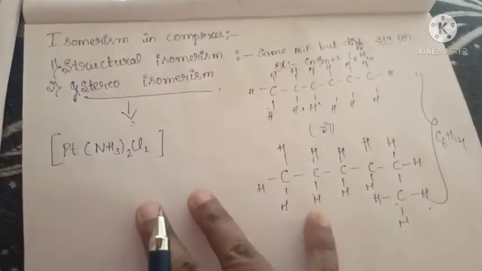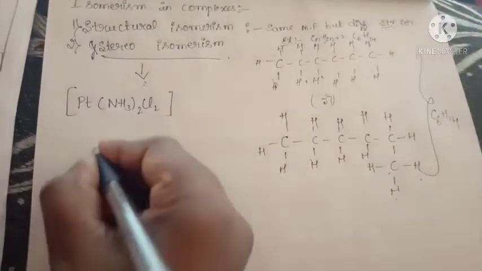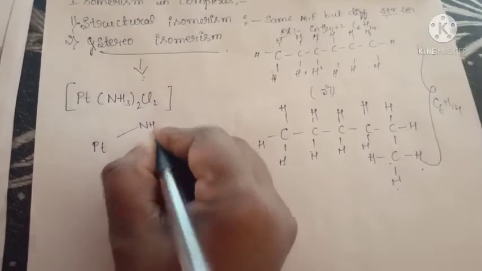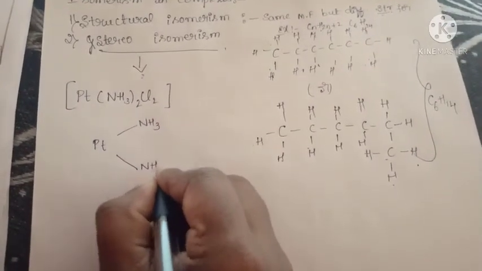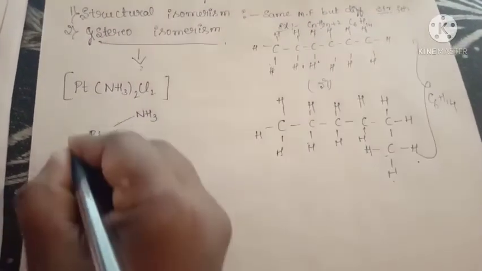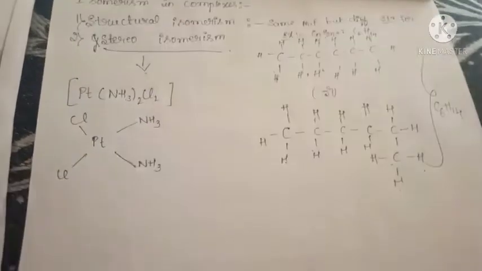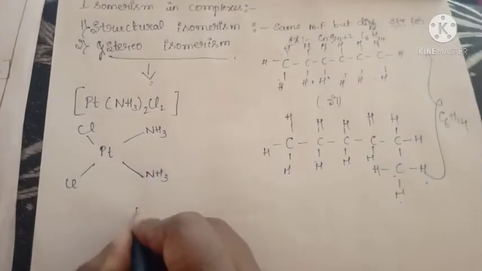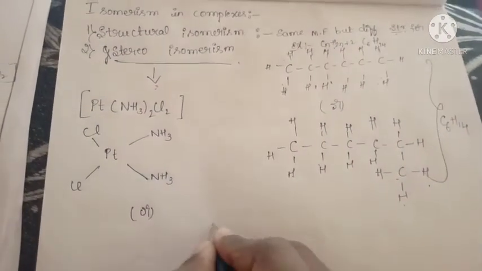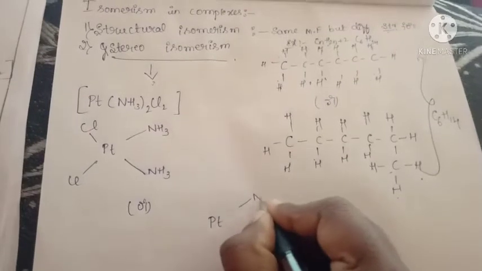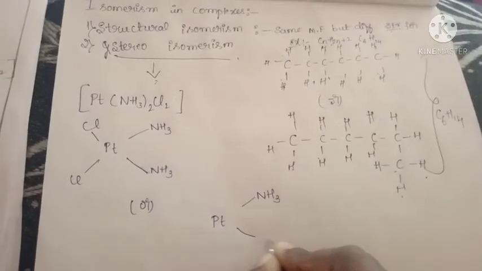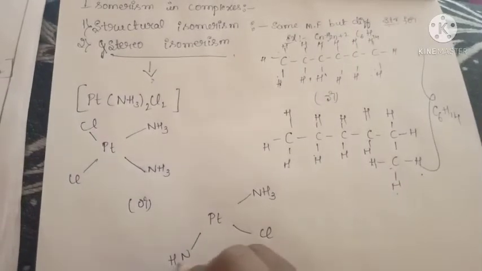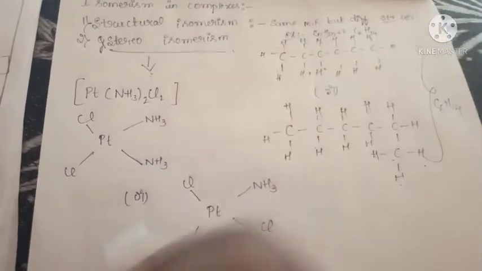Okay, we can write it like this: Cl, Cl. Or this structure can also be written like this: NH3, Cl, NH3, Cl.